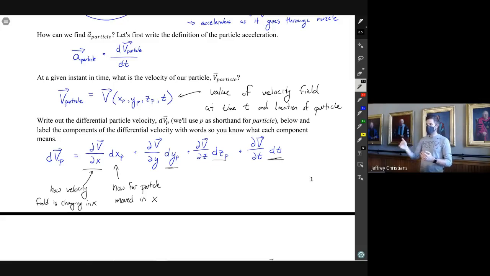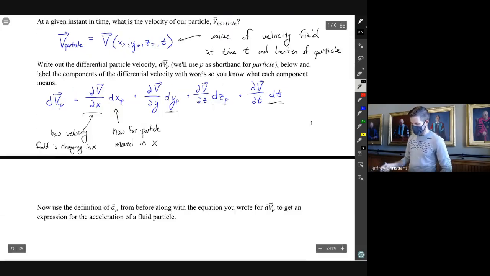The dv dt part is changing 1 foot per second per second. So you just multiply the two, and you know my velocity changed 1 foot per second over the course of that second. So that's all that we're saying here. We'll look a little bit more at this in a second. So that's a differential velocity.